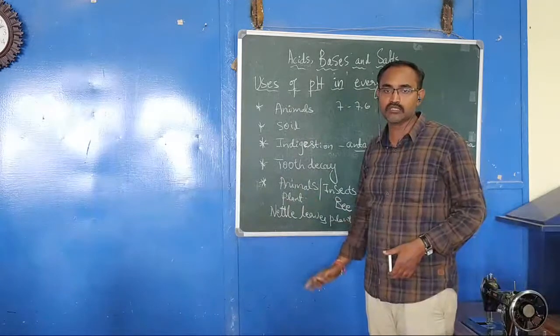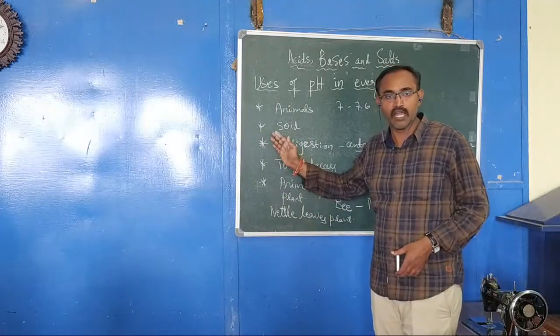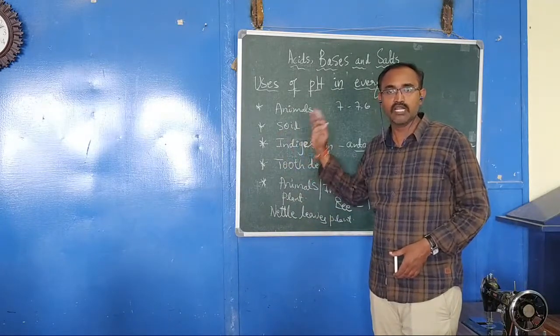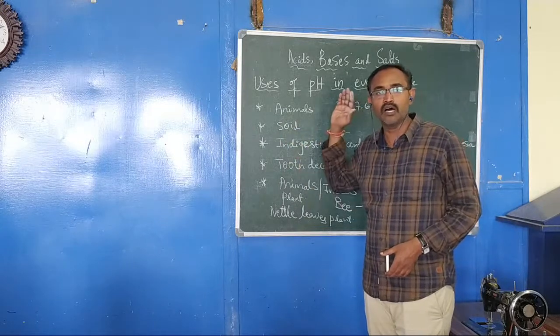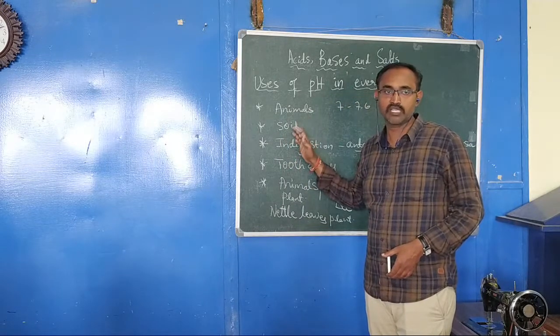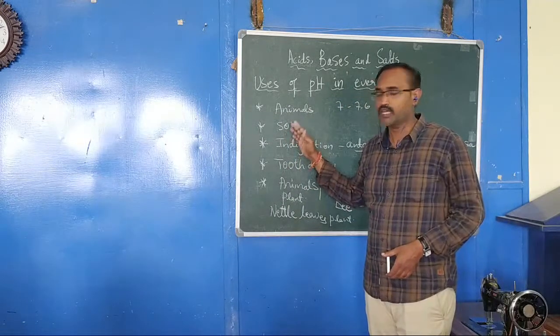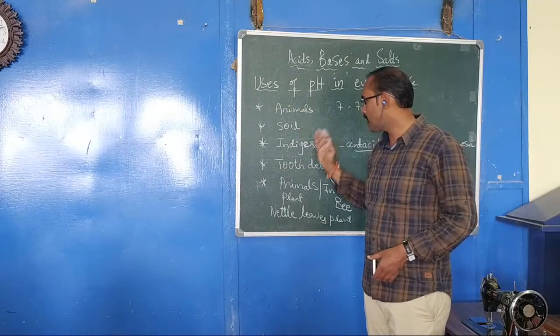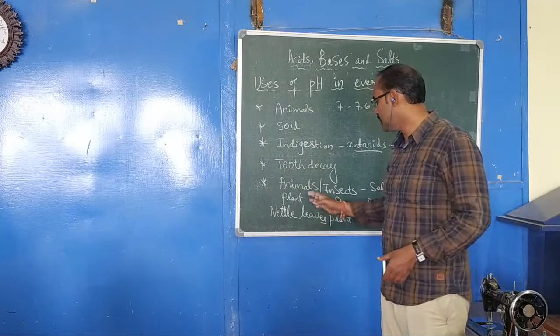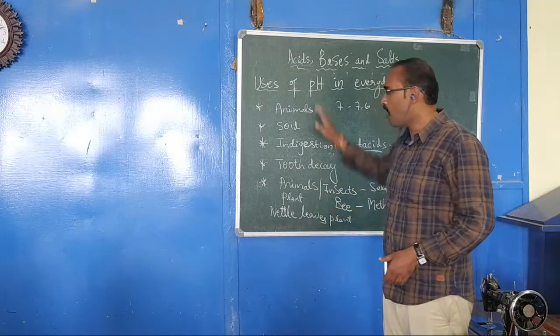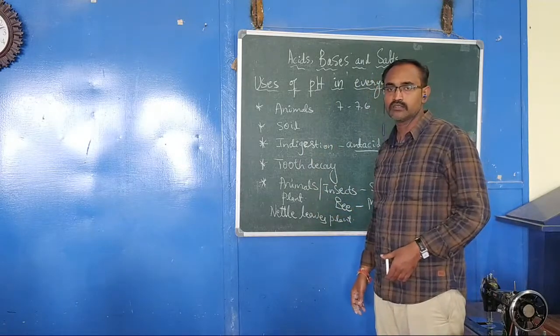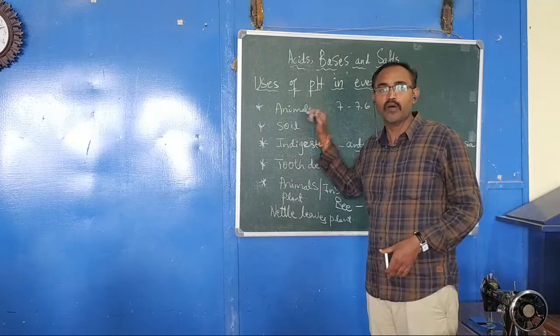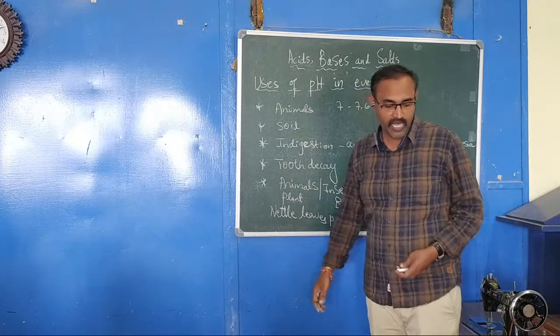These are all the uses where each and every one of us has a use of pH value: animals, soil, farming, indigestion, tooth decay, plants, almost everything. These are all the importance of pH in our everyday life.